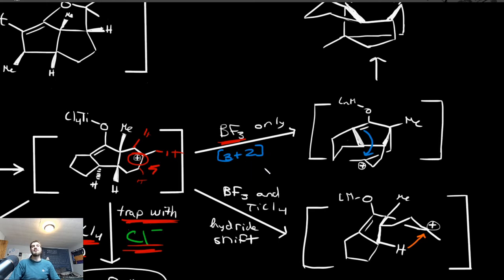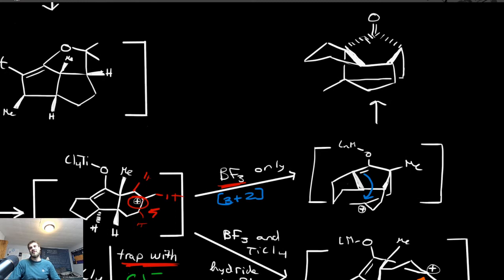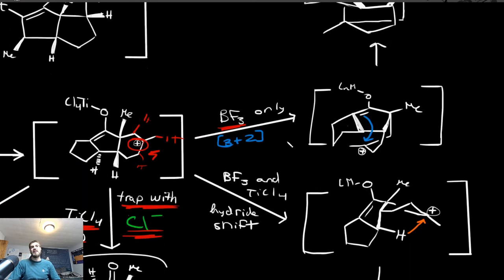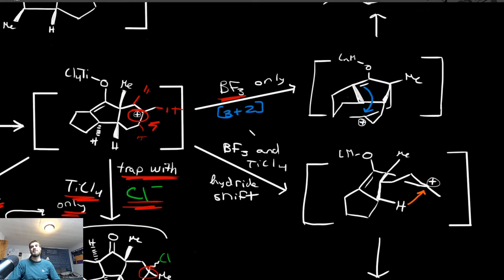They got a 3+2 cycloaddition. So they got this intermediate, and then the alkene attacked this and formed another cycle. They got this molecule. And the last route that they explored was using a combo of BF3 and TiCl4, and in this case they switched the conditions and got a hydride shift.